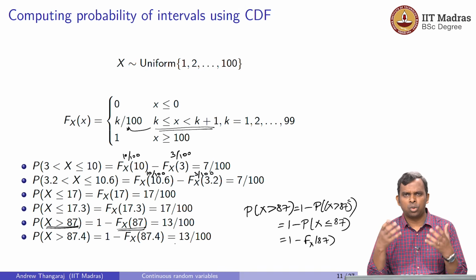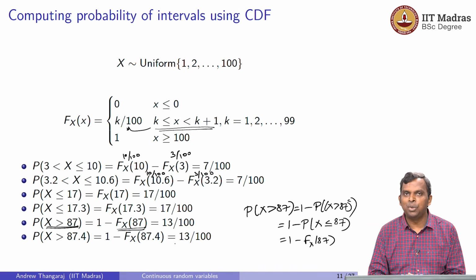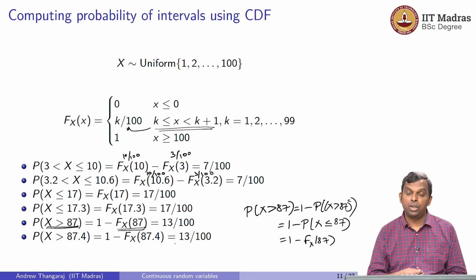So the AND rule, OR rule, NOT rule, all of that just comes in. There's nothing new about it, but how to use the CDF for these calculations is very important. We're going to revisit these calculations later on when we take a continuous look at this. But I want you to pick up the skill. This is important. You may have some assignments and tutorials on how to do these kinds of calculations.